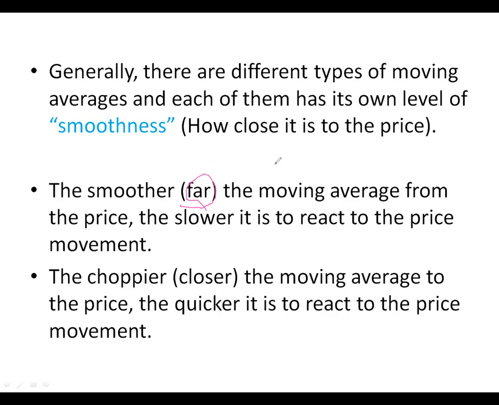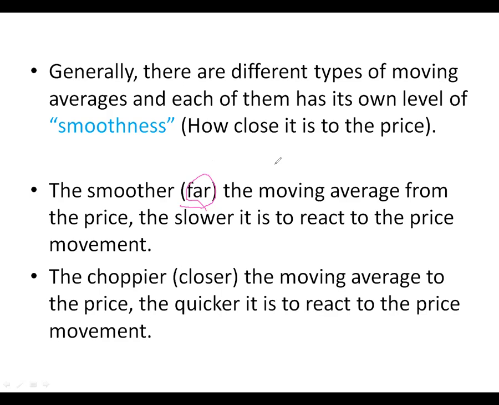Indicators lag. And remember, this one is doing the calculation of past prices. So if the moving average is very far from the candles or the price, that moving average is lagging a lot. It is very slow in catching up with the price. That is what it means.